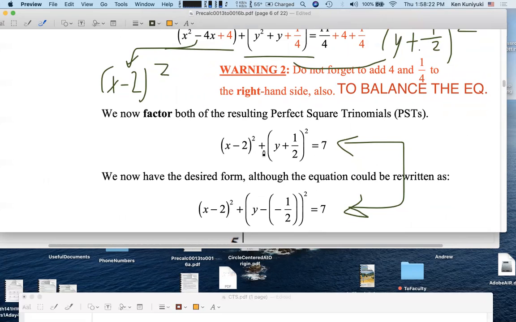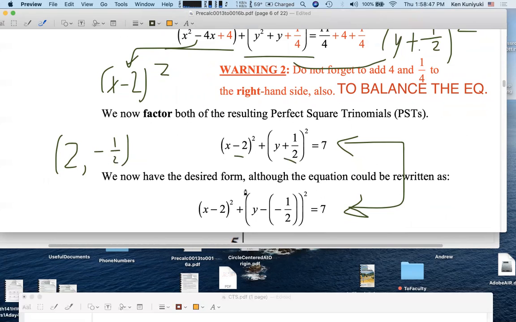From either one, what's the center of the circle? Remember, you're looking for values of x and y that will make the left-hand side equal to 0. That's the trick. We need x equals positive 2, and we need y equals negative 1/2. Basically, we need to do sign flips on these guys here.